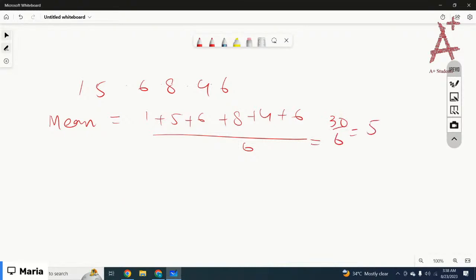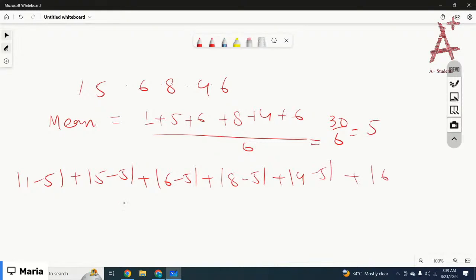Now you have to subtract every value from 5 and calculate their absolute value, right? 1 minus 5, 5 minus 5, 6 minus 5, 8 minus 5, 4 minus 5, 6 minus 5.